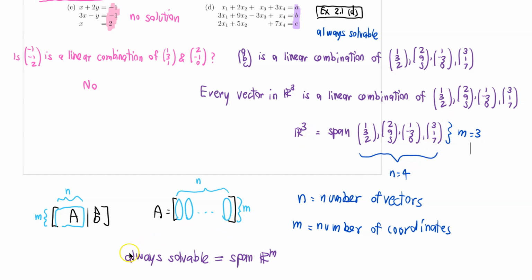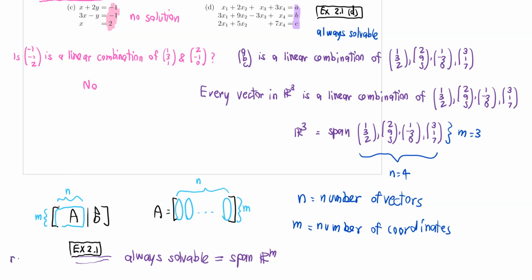However, we also saw earlier, in example 2.1, one thing that would guarantee that my system of equations is solvable: when the rank of my matrix A is equal to m.